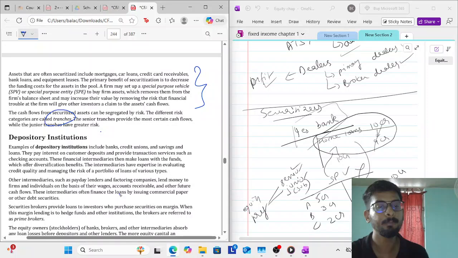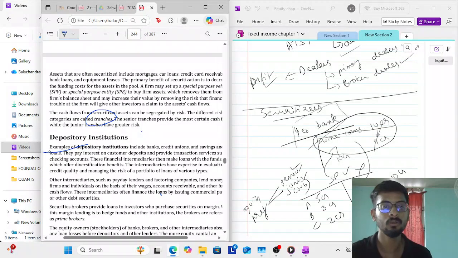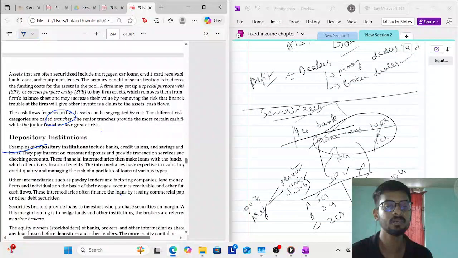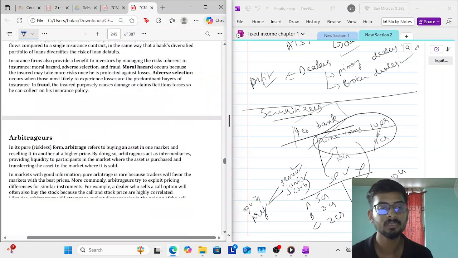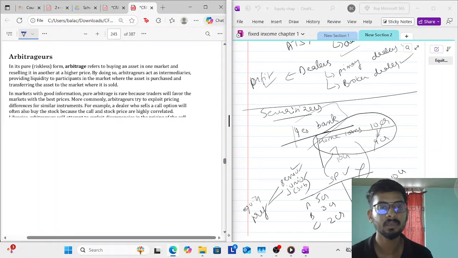Now, what does the depository institution talk about? Let's see how many pages are remaining. It's page 245, right?